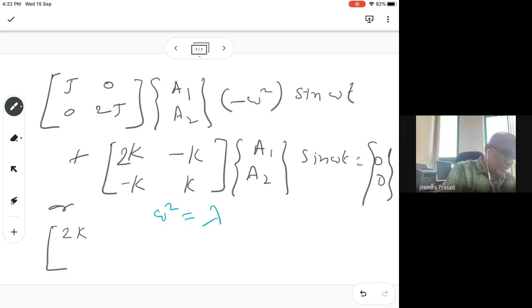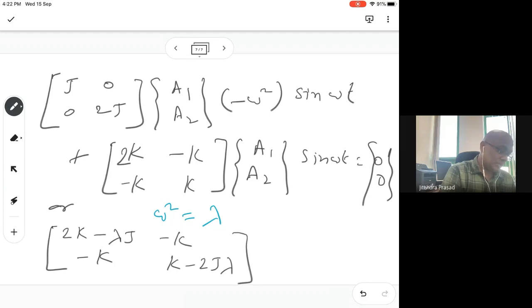If we do that, we get this equation: 2K minus lambda J, minus K, then minus K, 2K minus 2J lambda.